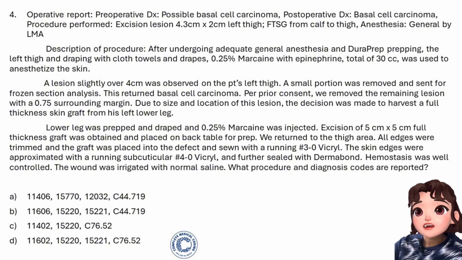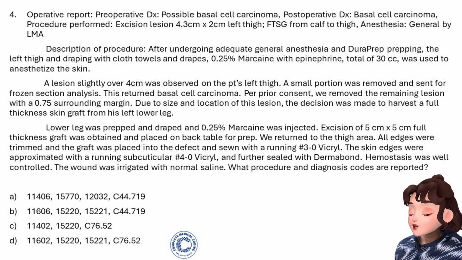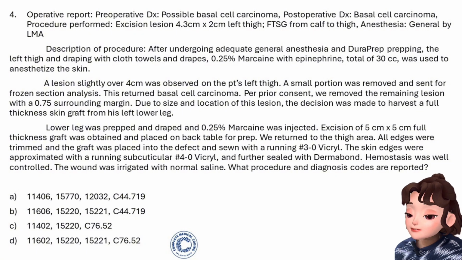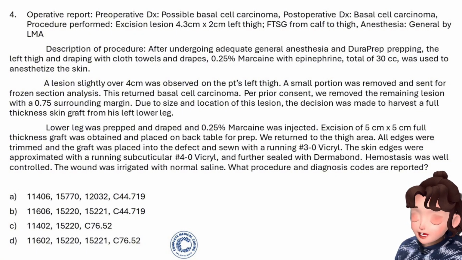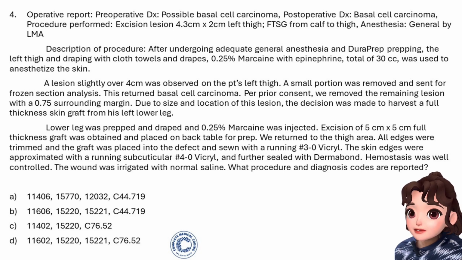What is the second code? 15770. What is 15770? Because we have three procedures here, right? Initially, excision of left thigh, and then what the doctor has done, grafting has been done.